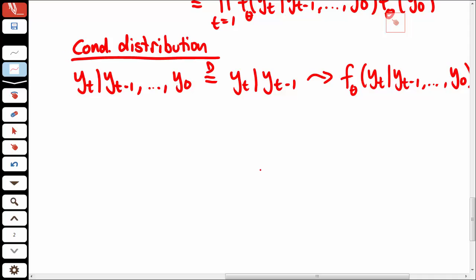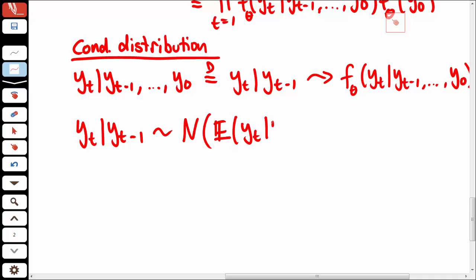Moreover, due to the fact that epsilon_t is normally distributed, we have that y_t conditional on y_{t-1} is normally distributed with some conditional mean and a conditional variance.